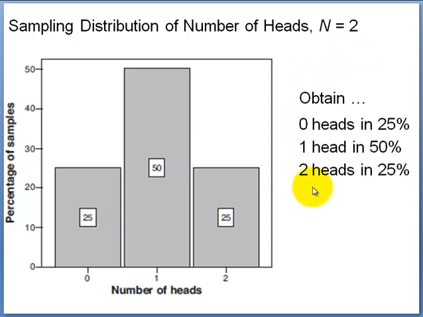Well, statistical theory, and we won't get into that theory, tells us that in the long run we would obtain 0 heads 25% of the time, 1 head 50% of the time, and 2 heads 25% of the time, which is to say in 25% of our random samples. So therefore our sampling distribution would look like this. We would get 1 head 50% of the time, and 0 and 2 heads 25% of the time.